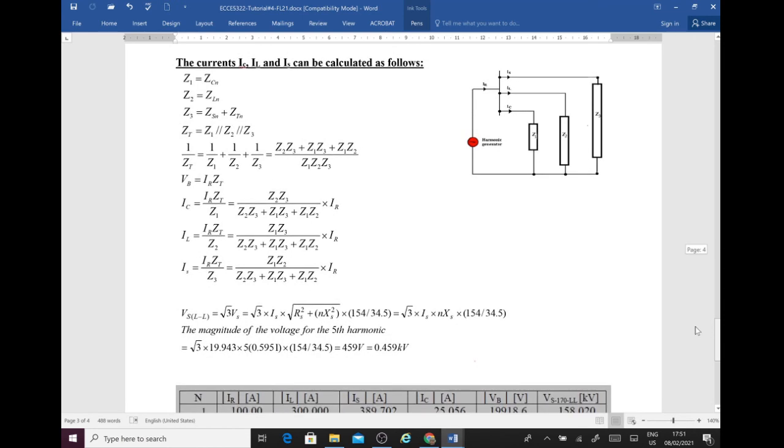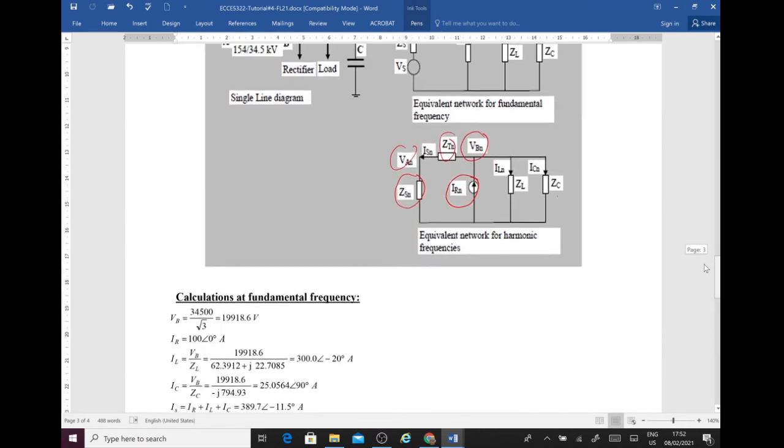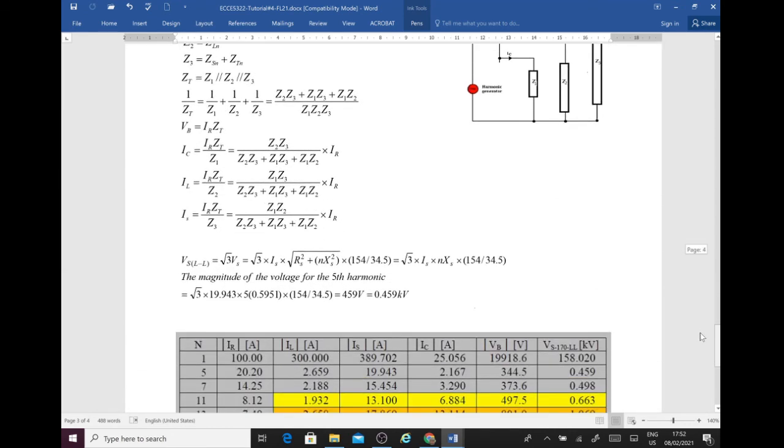So we find the voltage at node B for the third harmonic. We divide the voltage over each impedance. That will give us the current. We multiply the current times the source impedance to find the voltage at the source, or at node A. Multiply that by root 3, and of course we need to refer to the high voltage side.